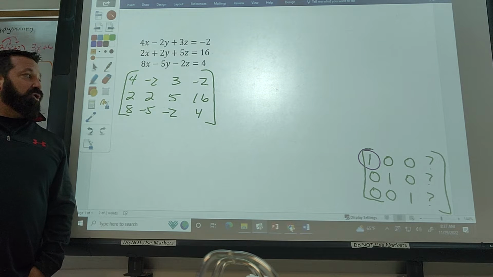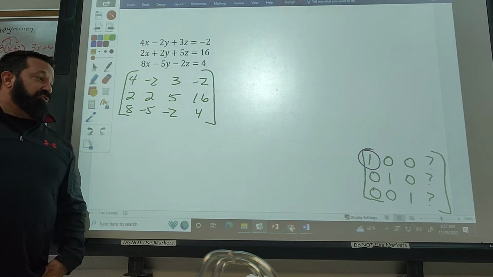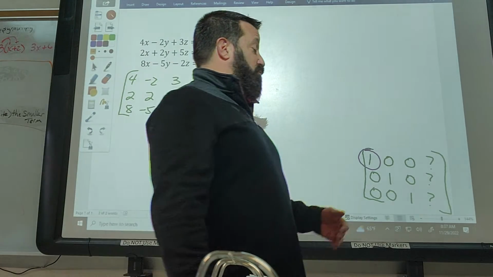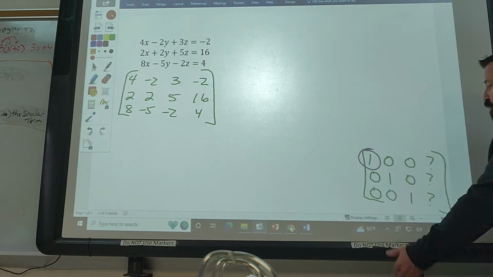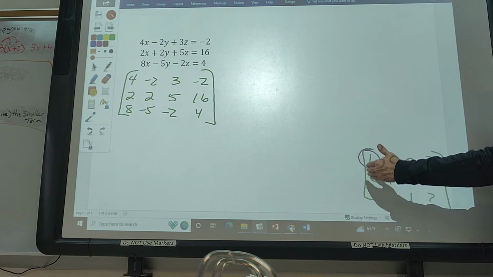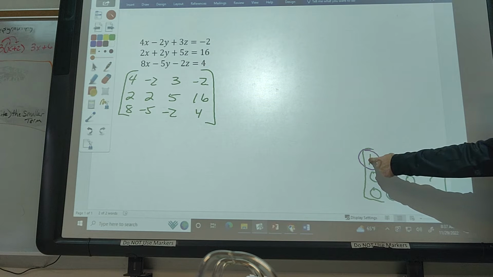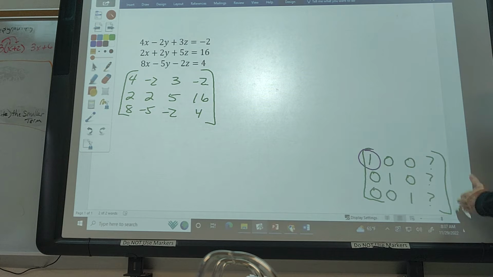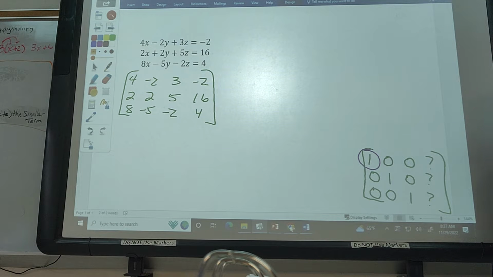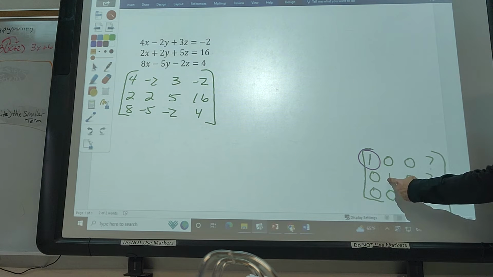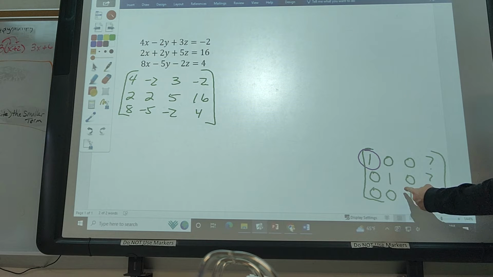Okay? So, one of the things I told you yesterday, I believe, is that it doesn't matter which column you start with. I typically start with getting the 1 here simply because I like working from left to right. But you don't have to. You could get a 1 in this spot. You could get a 1 in this spot and work on this column first. It's actually pretty easy.